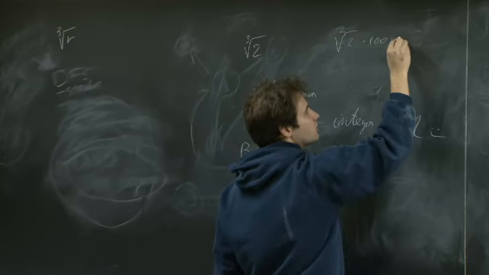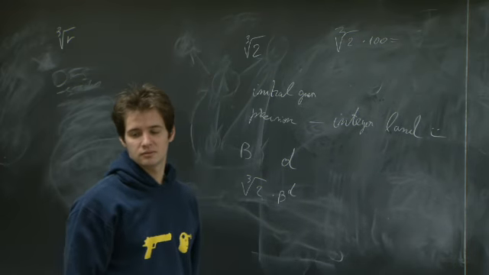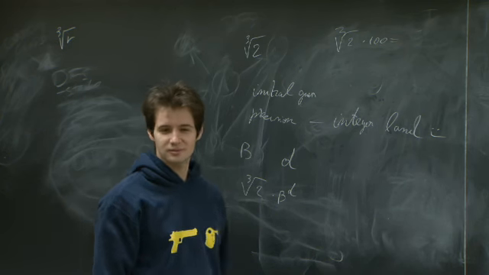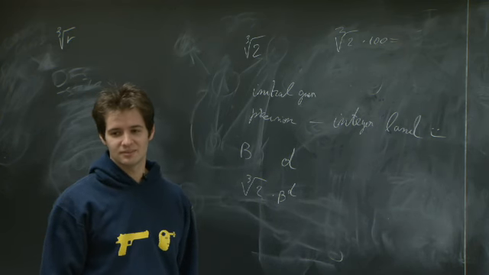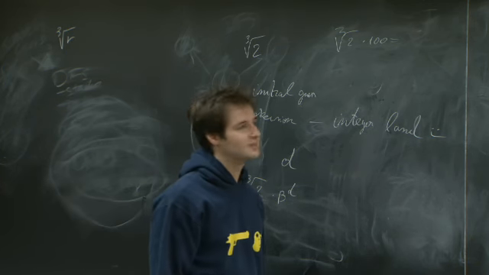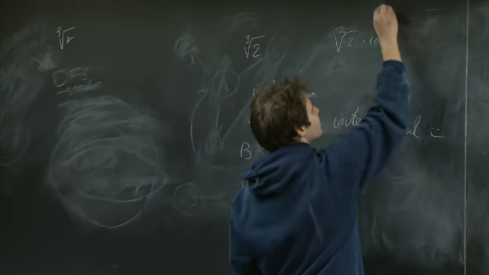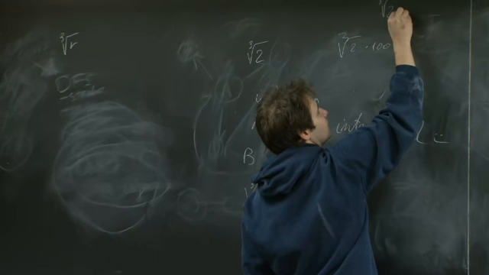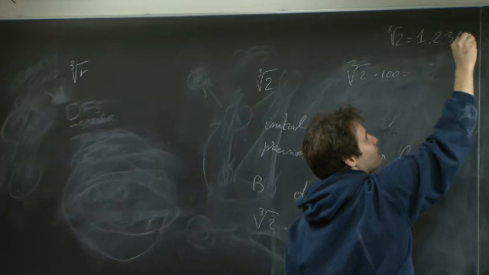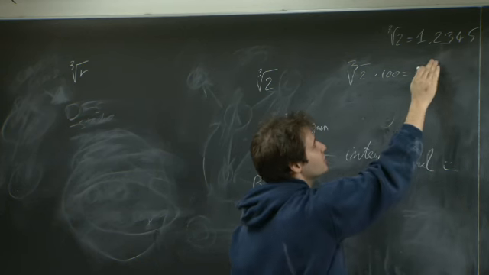Does anyone have a calculator and can tell me the first few digits of cube root of 2? 1.2. We'll just do 1.2. So let's say that it is 1.2345. Hopefully someone will fix this up for us. But let's say it's this.